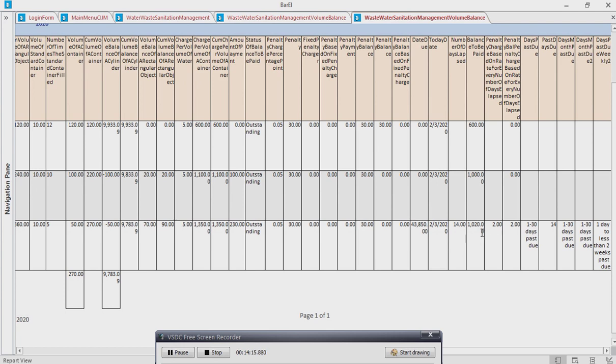This is the balance to be paid. This is the penalty balance.